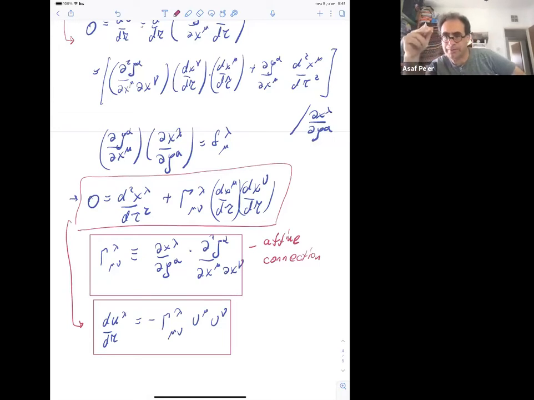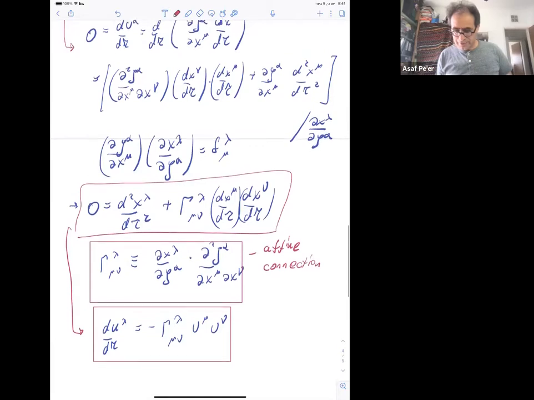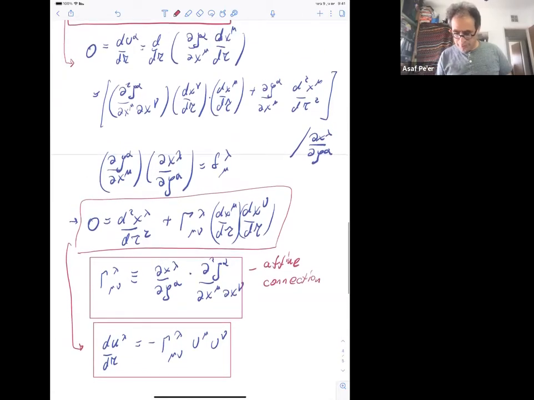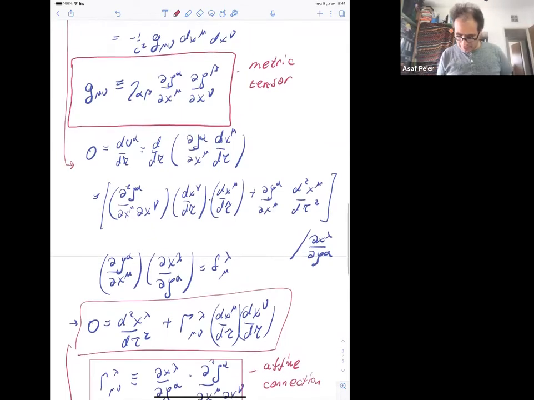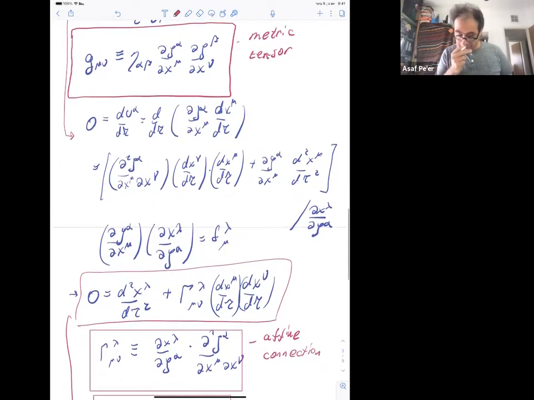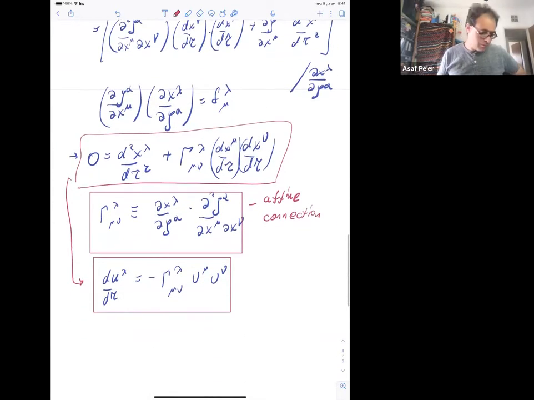It's freely falling, but it is now observed by an observer who is not in an inertial coordinate frame, but by some arbitrary coordinate frame, which is related to the old coordinate frame by this metric tensor and the affine connection. And of course u is the four-velocity in the non-inertial frame, right?